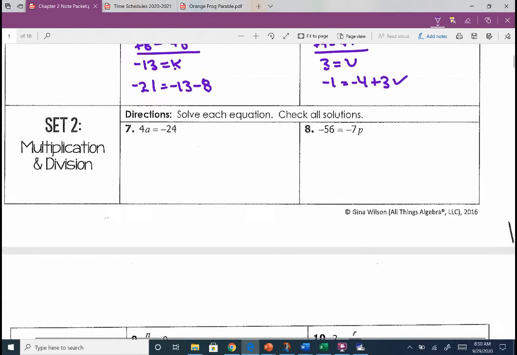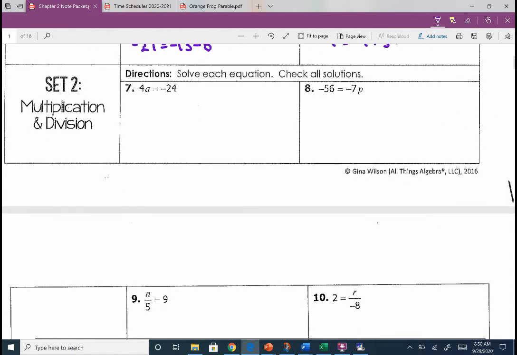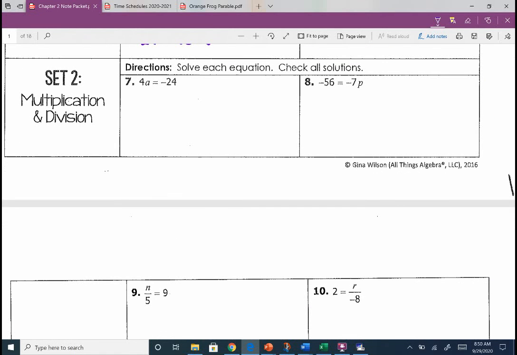All right, guys. Let's take a look at number 7. For number 7, we might not have ever seen one like number 7 before. We did in our activity, but we weren't quite sure how to solve it. When the 4 is right next to the A, that means we're multiplying.